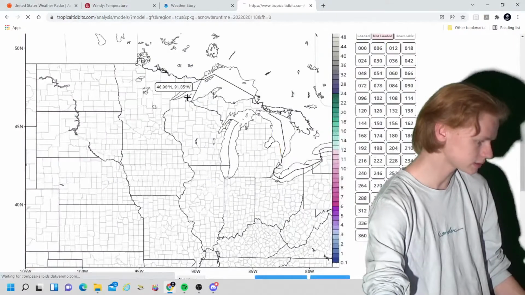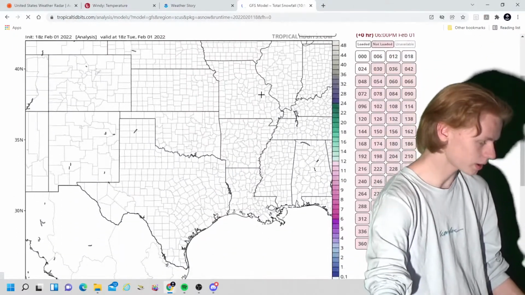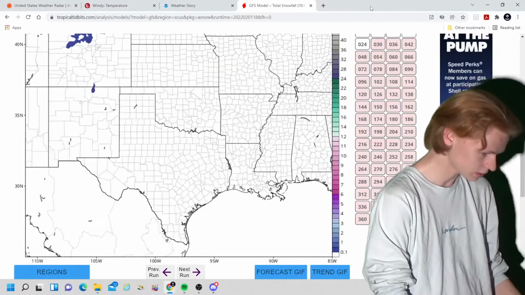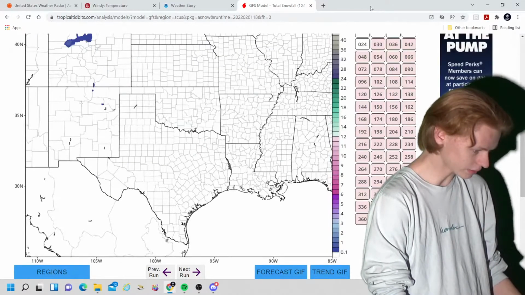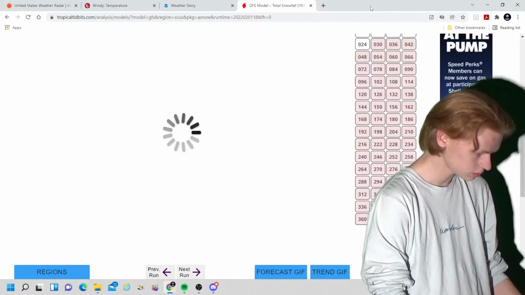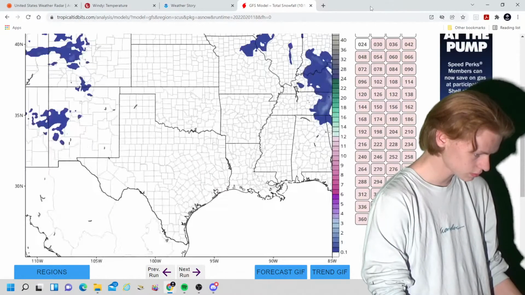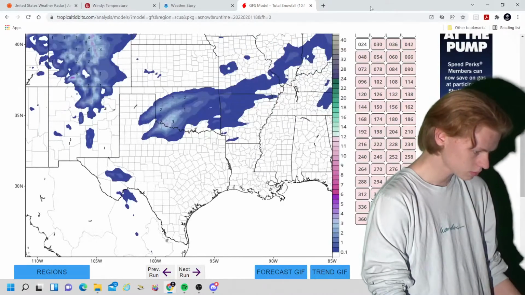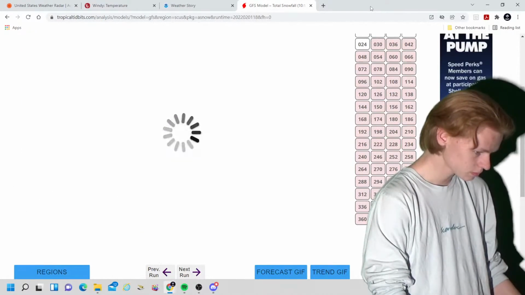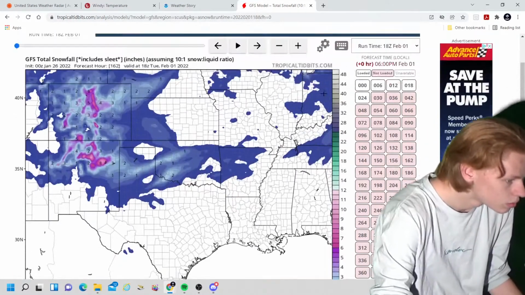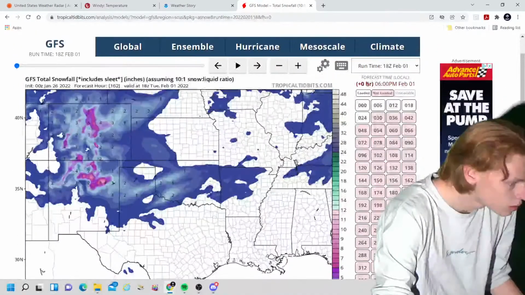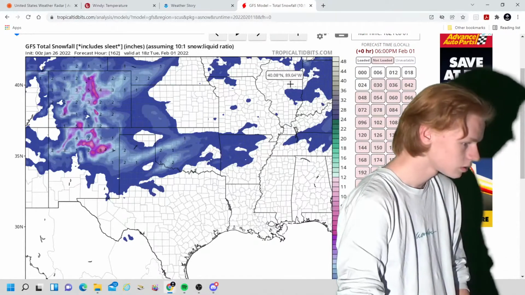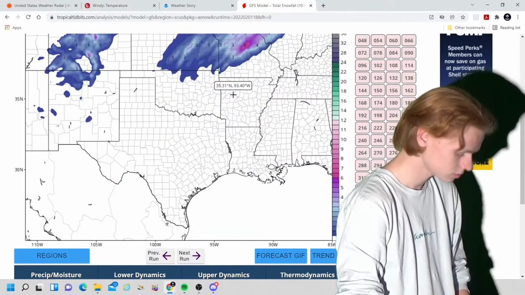But here's what they're saying about Texas, because I know Texas won't get a lot. Southeast Texas won't get anything. I don't think they will get anything at all. What's going on here? Why is it saying it was 0 hours out when it should be 162 hours out?